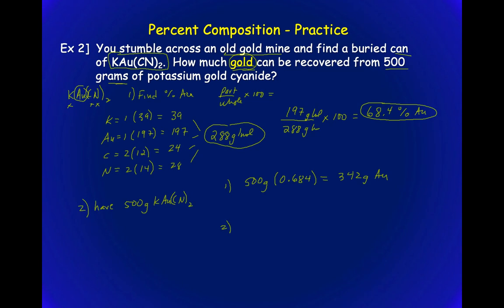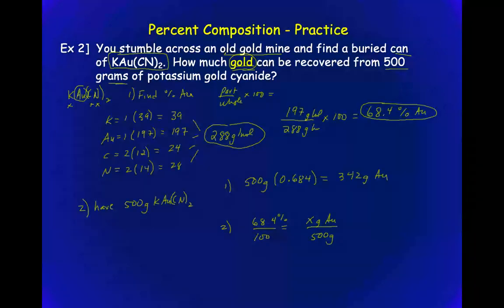Or you could say, okay, I know 68% out of 100. Again, the percentage over 100 is how many grams of gold over 500. Remember, the 500 grams is your 100%.